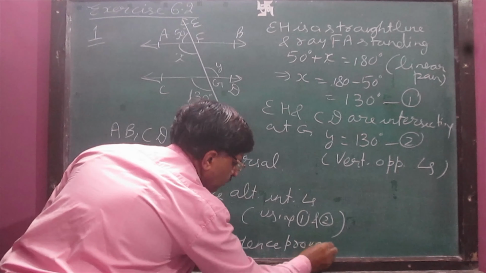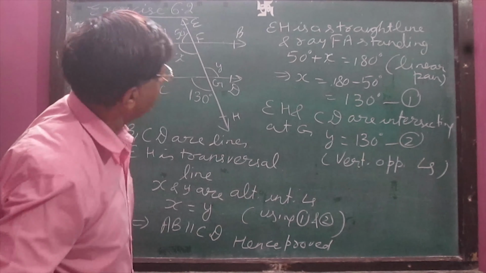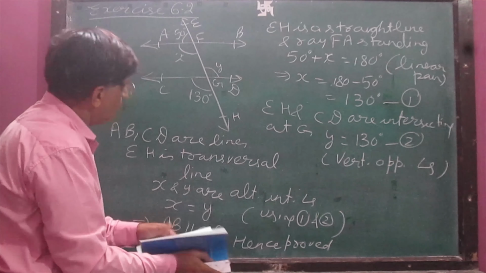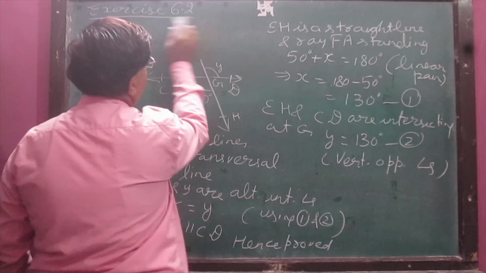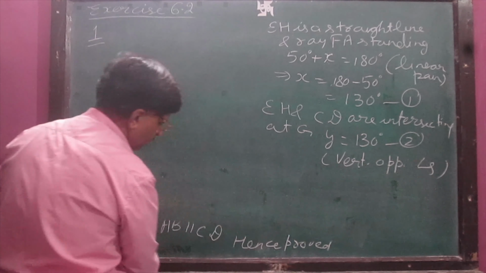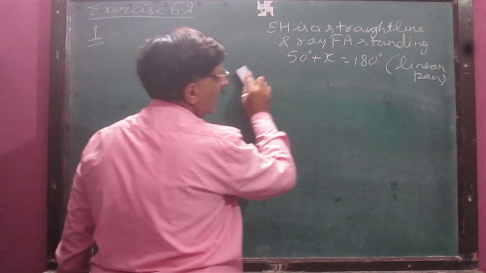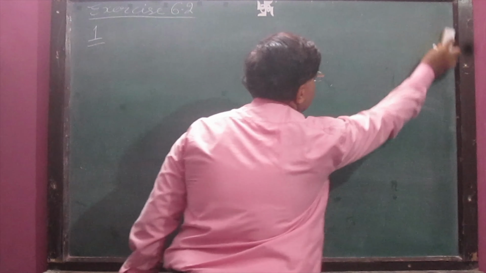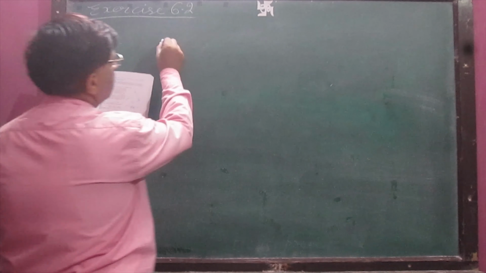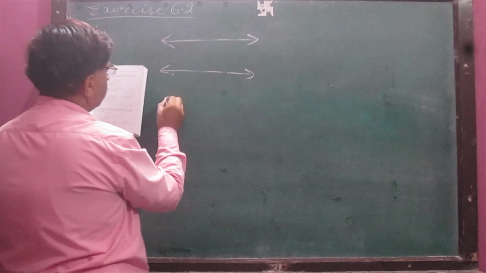Now in the second question, 3 lines are given, in which two respective parallel pairs are already there. Again I will repeat, whenever you apply corresponding angles, alternate interior angles or alternate exterior angles, you must mention the names of the lines.